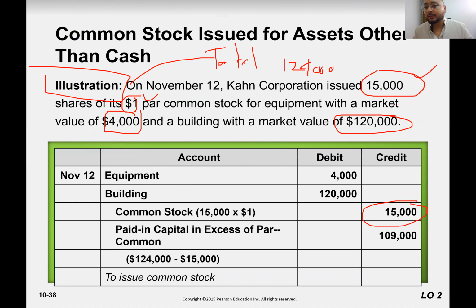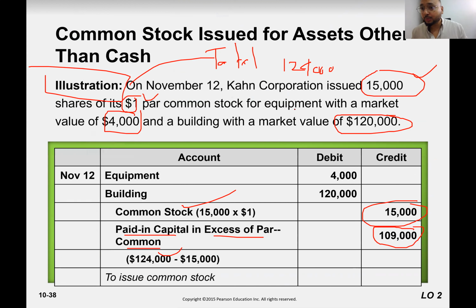Less, from 124,000, 109,000 is the premium on the above stock. So paid in capital in excess of common stock. Remember, we don't call it premium here because we are talking about stock, right? In bonds payable, we call this premium, but the treatment is the same as premium, right?